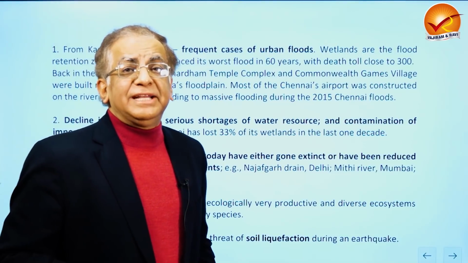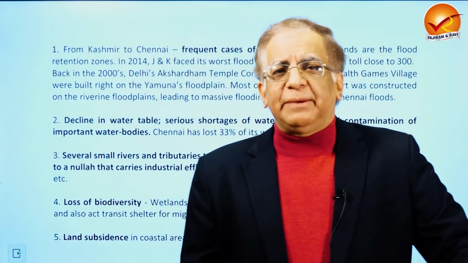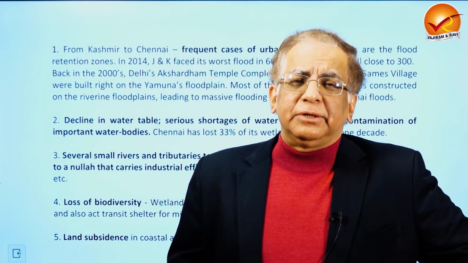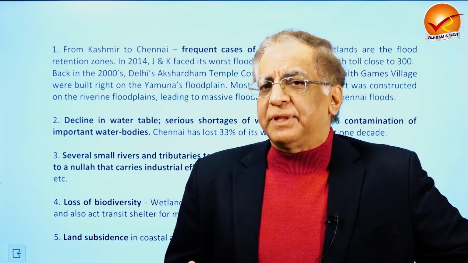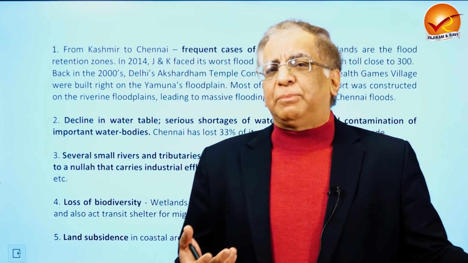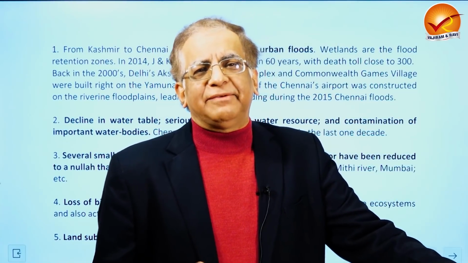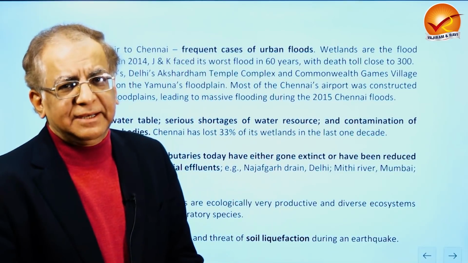Because of drainage channels getting blocked, and because of the wetlands not being there in a city like Chennai today, or Bangalore, or even Delhi or Mumbai, the moment there is a heavy rain, we are ready for a big disaster out of it. That is, you may have an urban flood on a large scale.